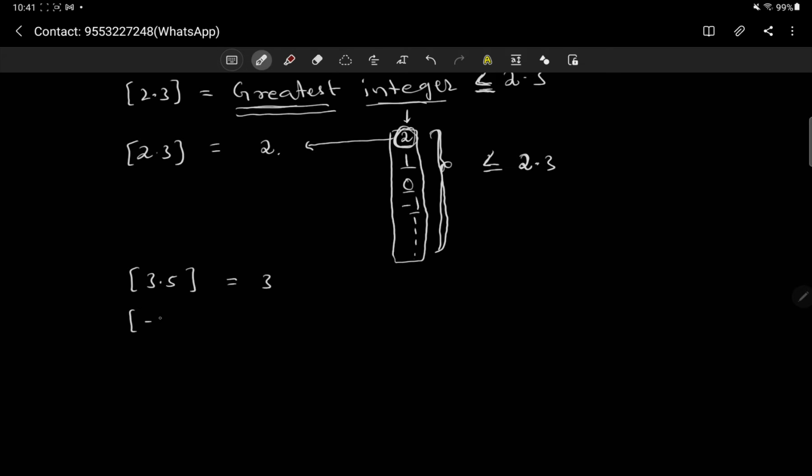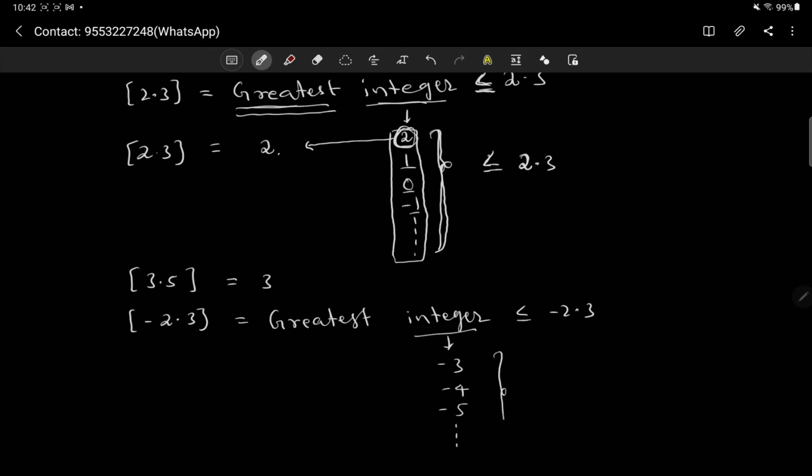Step of minus 2.3, suppose. What about step of minus 2.3? That is also the greatest integer less than or equal to minus 2.3. So what are the integers less than or equal to minus 2.3? Minus 3 is an integer less than or equal to minus 2.3, minus 4, minus 5, and so on.